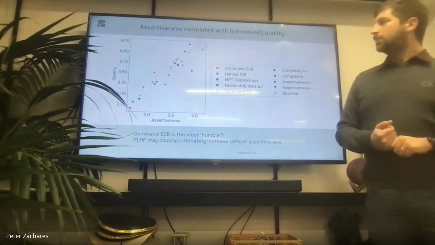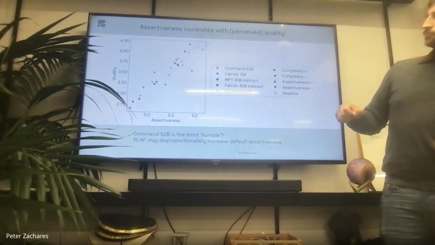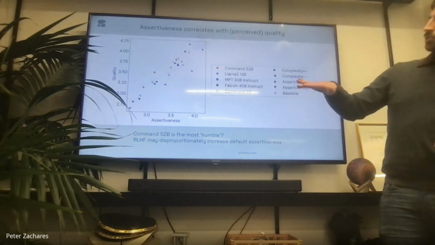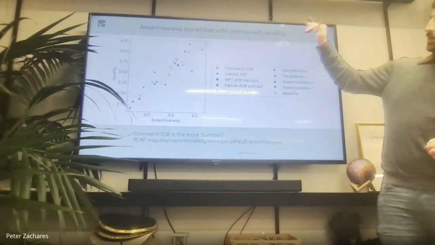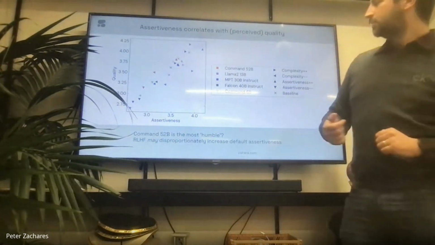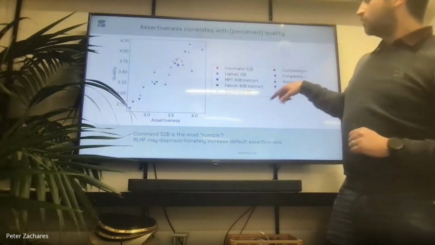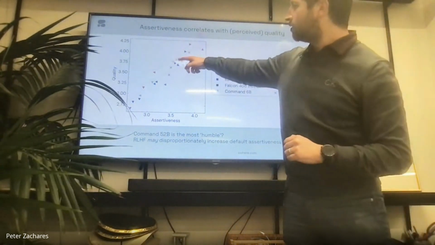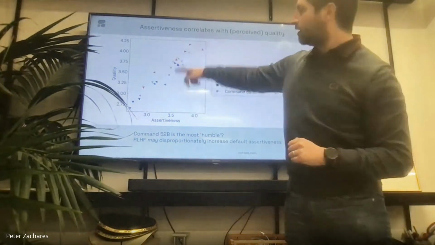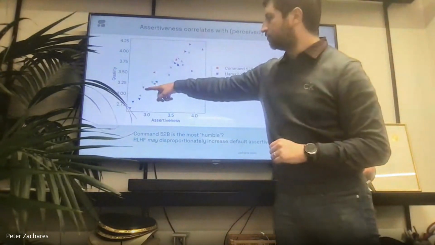And what you'll start to see here is that the different models almost live on different scales of assertiveness. If you look at our Command model, the up arrow is roughly around the 3.5 assertiveness score on average. The less assertive one is here.